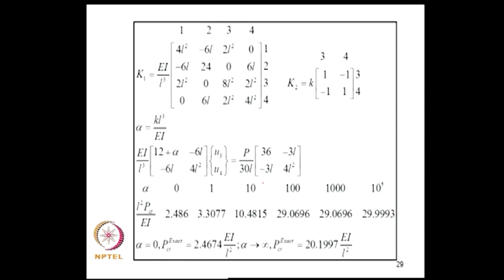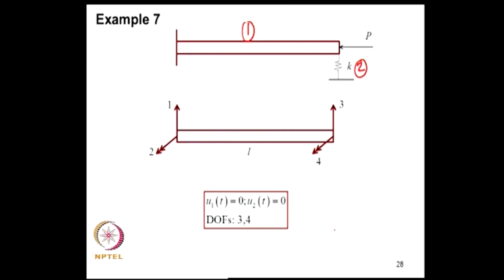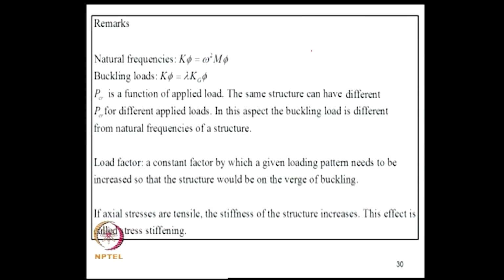Now, as alpha is varied, for alpha equal to 0, I get this factor as 2.486, which has to be compared with 2.4674, and as this number is increased, this model converges to 29.993, whereas it should really converge to 20.1997. But this difference is basically due to the simplicity of this model. This can be improved by introducing more elements and discretizing the structure with finer detail.